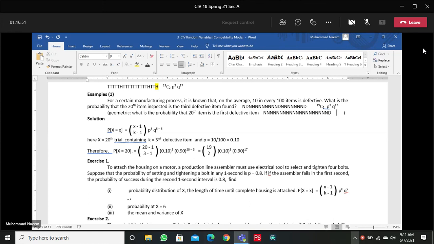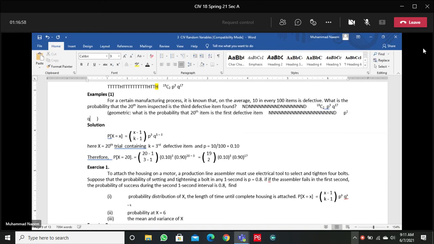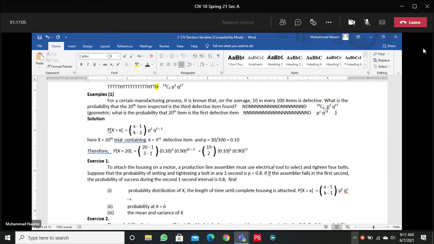So how is the probability? P power 1 and Q power 19. How is the coefficient? We generate the coefficients from all outcomes except the last one, because the last position is known since we are stopping there. The rest of the previous outcomes are all the same, so there is no combination.